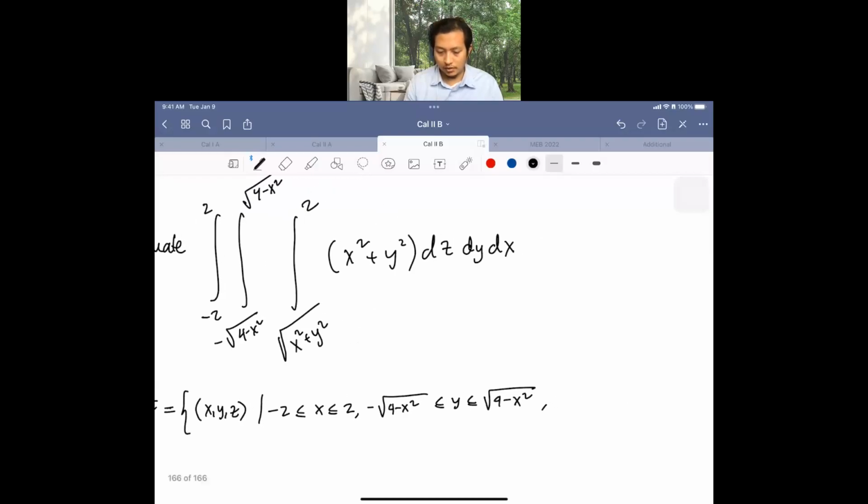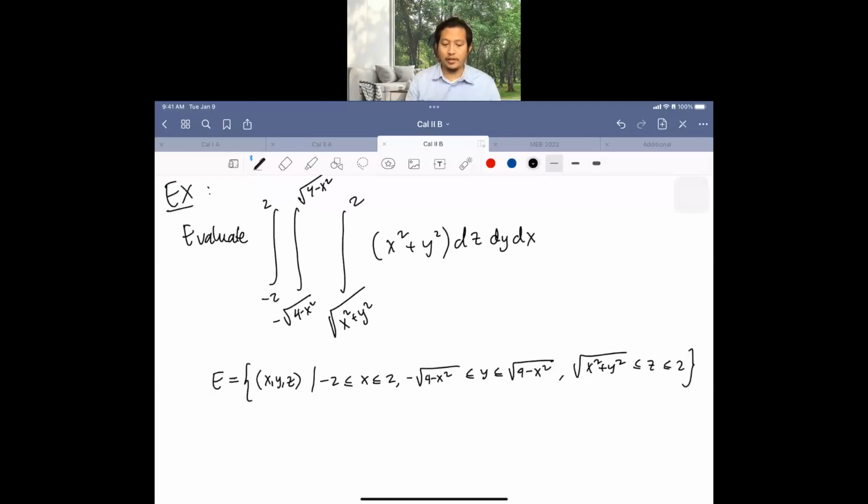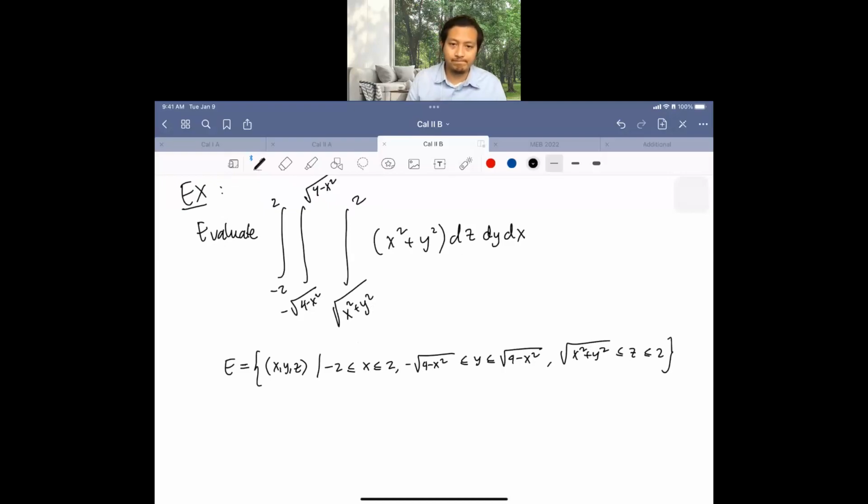And then Z is from... okay, now we have this E. Now if we would like to see the Z, it's from the square root of x squared plus y squared up until 2.